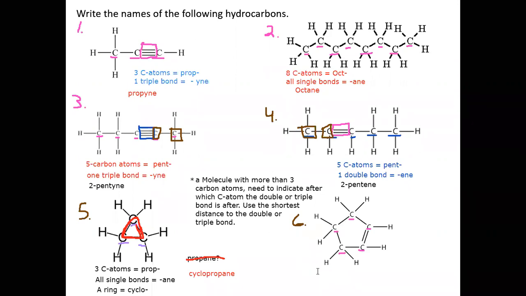So we're going to use the prefix pent. And you see there's 1 double bond right here. So we have to use the suffix "ene."